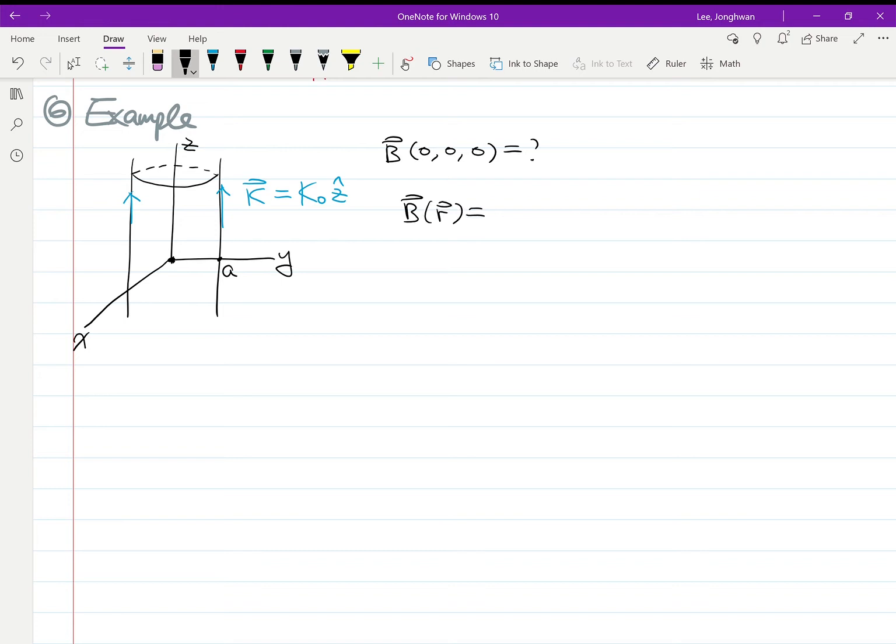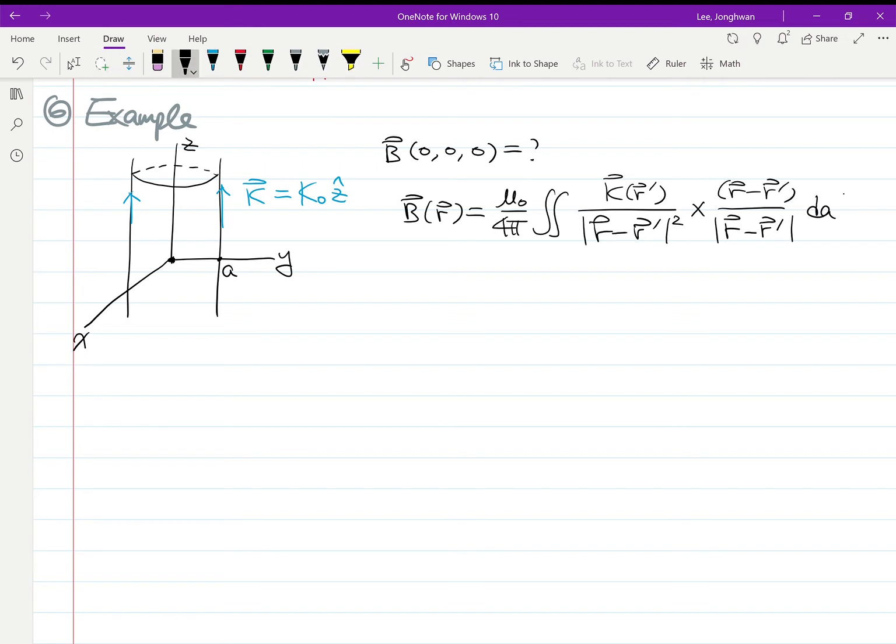So we will use this version of the Biot-Savart law. Now you have a question and you have a formula, and you have to write down all the components on the right hand side.